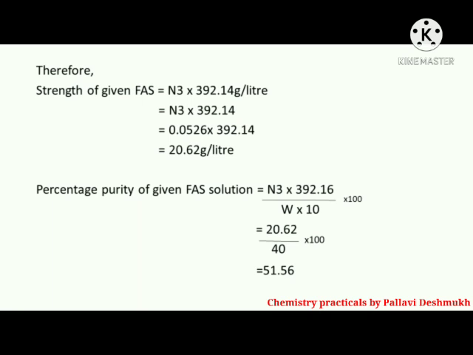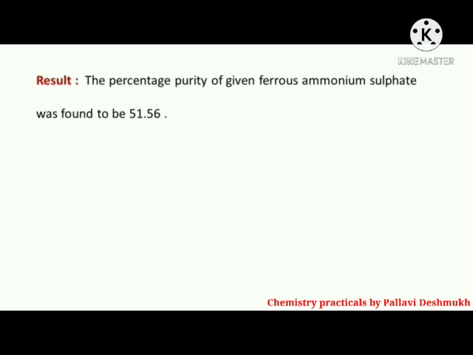And by putting the value, the strength of FAS is found to be 20.62 gram per liter. And by the strength of the given FAS solution, the percentage purity of the given FAS solution can be calculated and was found to be 51.56%. The result: percentage purity of the given ferrous ammonium sulfate was found to be 51.56%.